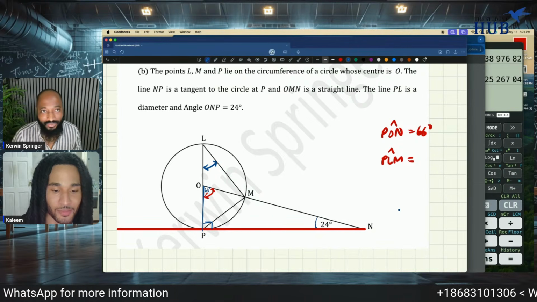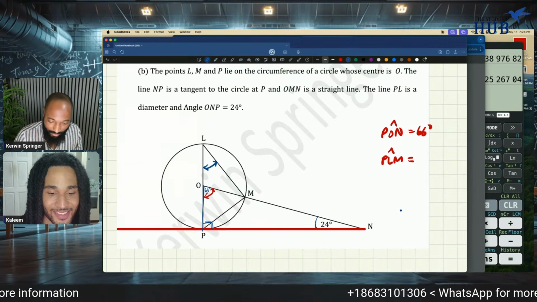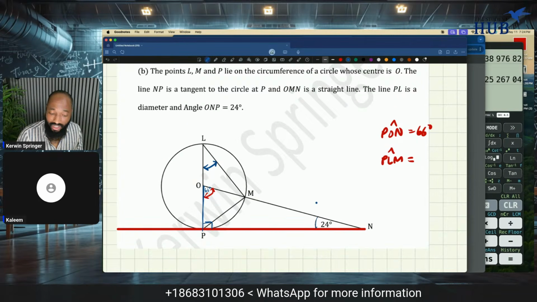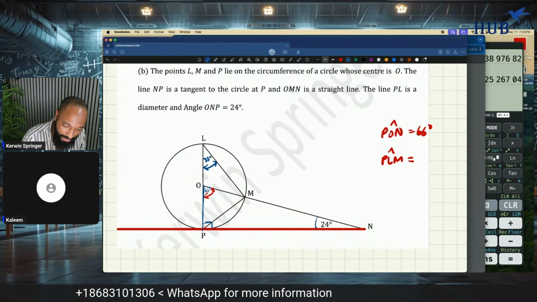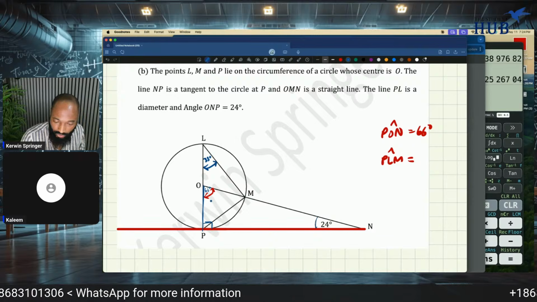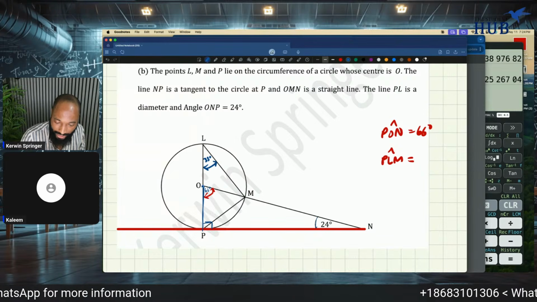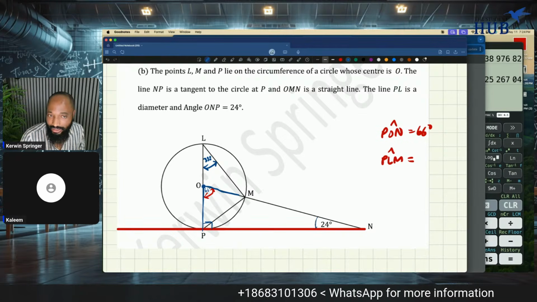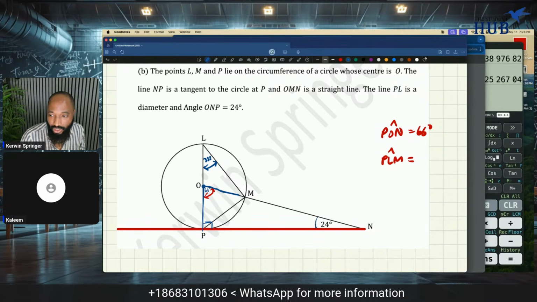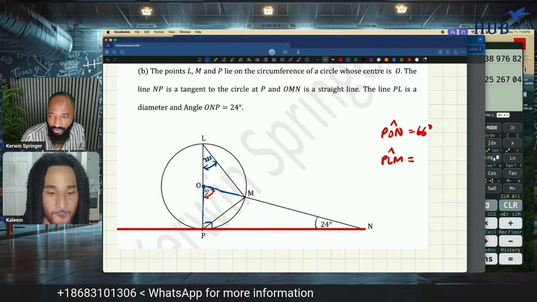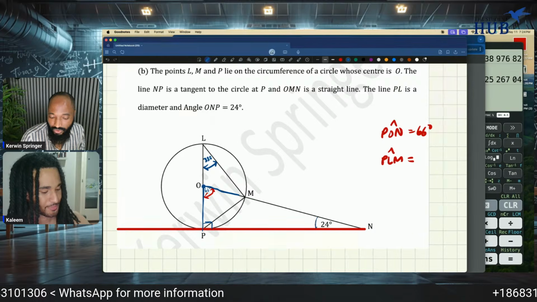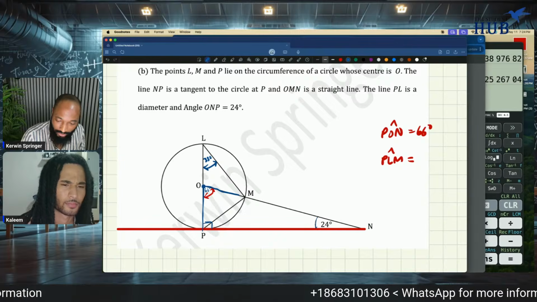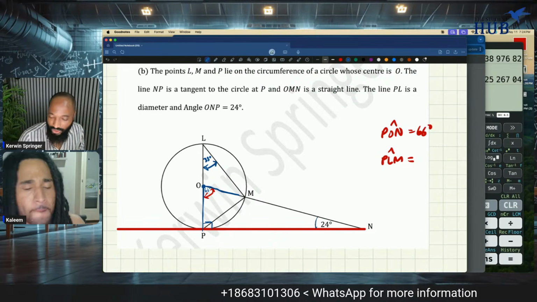All right, let me fix that. PLM is 33. Very good. A lot of people getting that. Why is it 33 though? Angle at the center is twice the angle at the circumference. Better, sir? Yeah. So angle at the center is twice the angle at the circumference. So if this is 66, this must be 33.